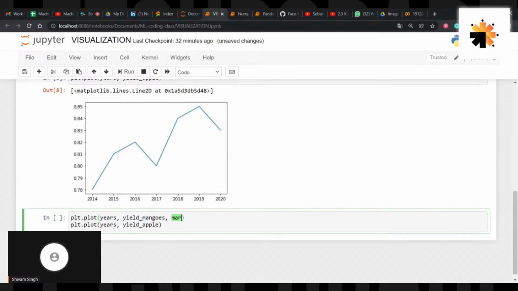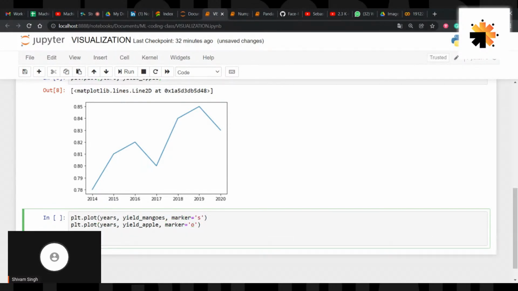So maybe I can use a parameter which is available inside matplotlib, a marker. So a marker S for mangoes, then a marker O, meaning a dot, for apple, and then I can give the position also.